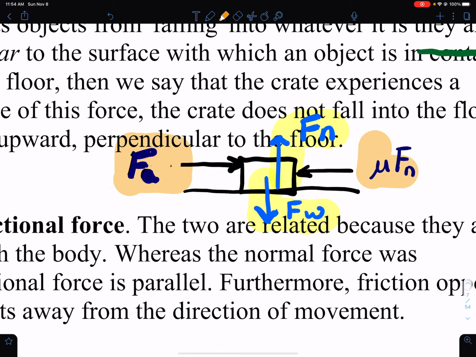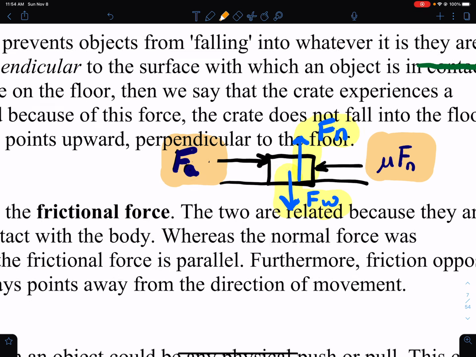There is a frictional force that's acting in the opposite direction with equal value. This particular situation right here might be like a book sitting on top of the table. Somebody's just not applying enough force to get it to move.